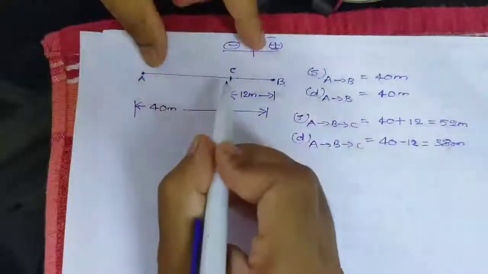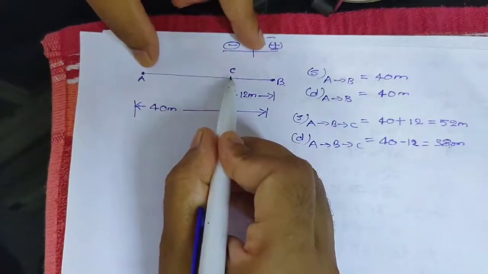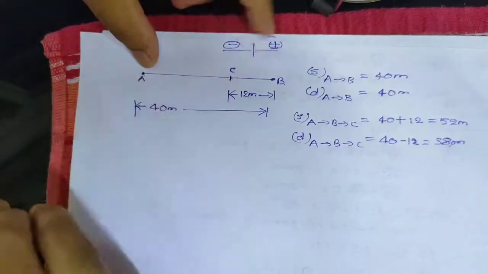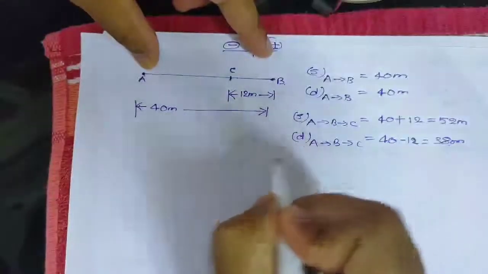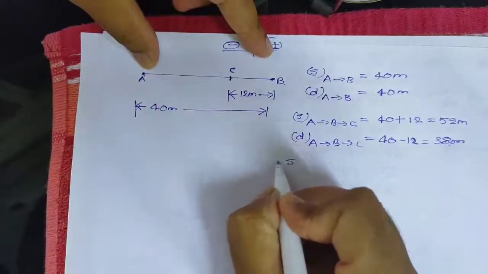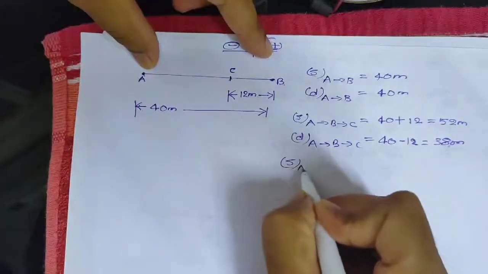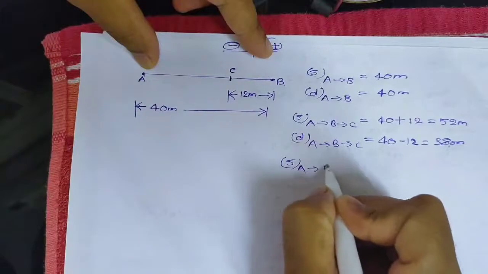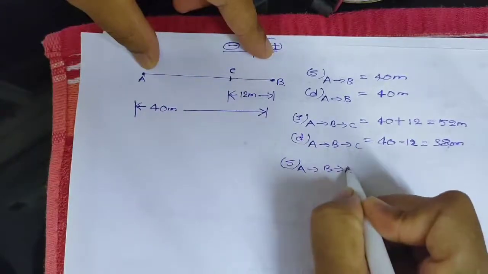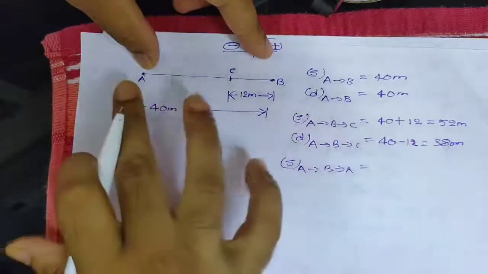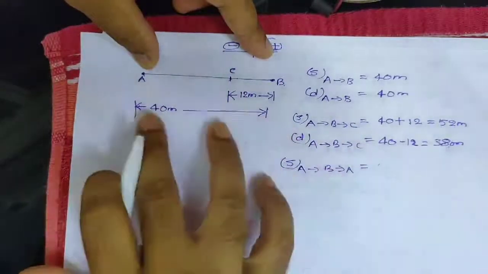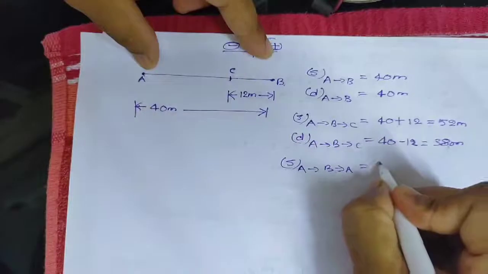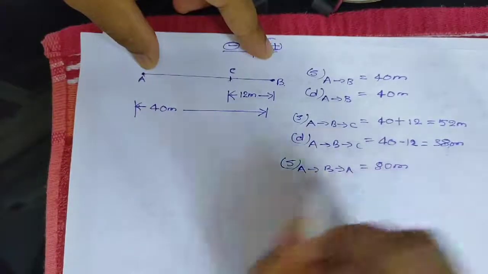Now suppose the object moved from C and reached A, its original position. Now let us try to know the difference. A to B to A. The distance traveled from A to B to A is 2 times 40 meter, so it will come out to be 80 meter, right?